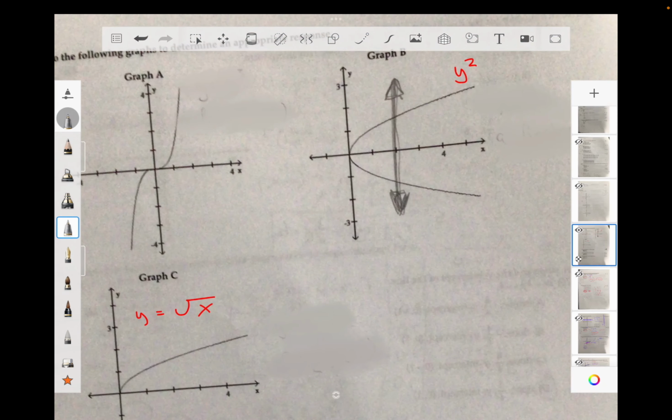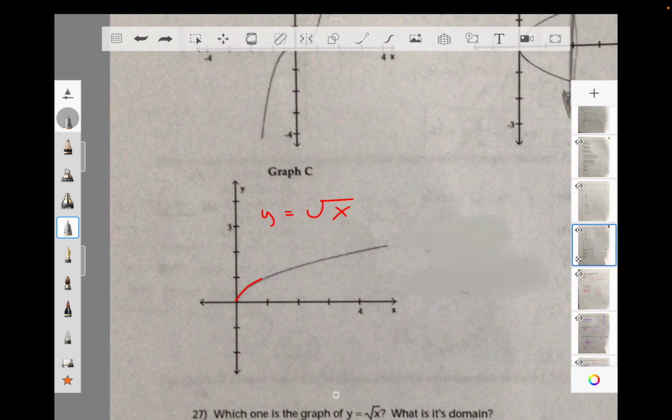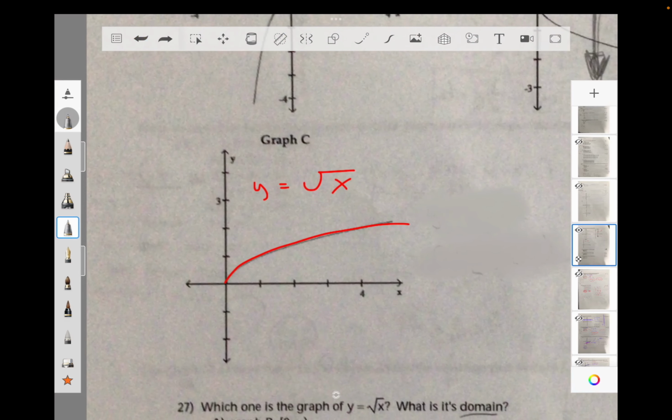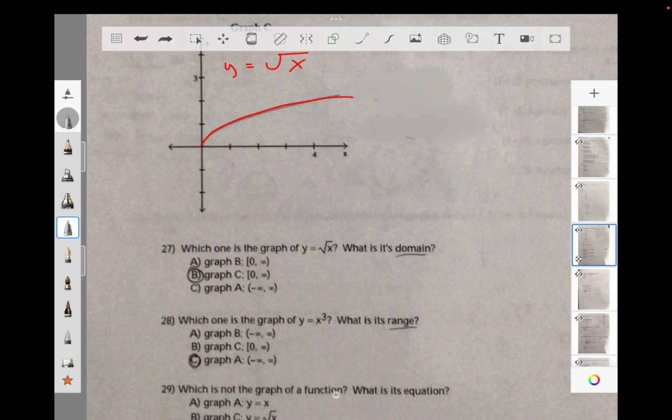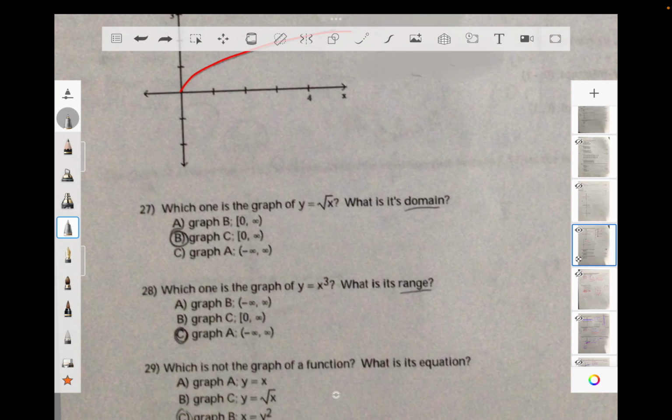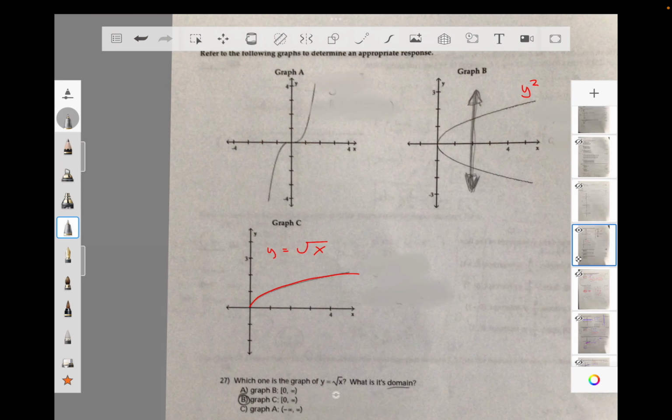Oddly enough, not to be confused with that one. But when it's root x, it's just that. There's no bottom part to it. So this one's root x. Leaving you left with y equals x cubed.